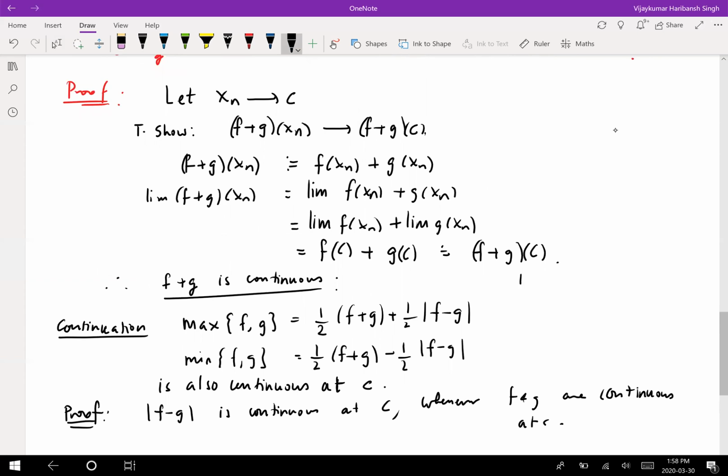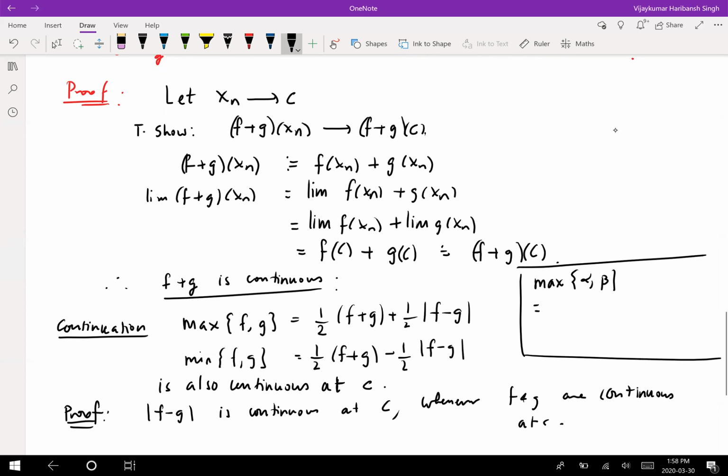I mean, if you take max of two numbers, alpha and beta, max of two numbers alpha and beta is going to be half alpha plus beta plus half absolute value of alpha minus beta.